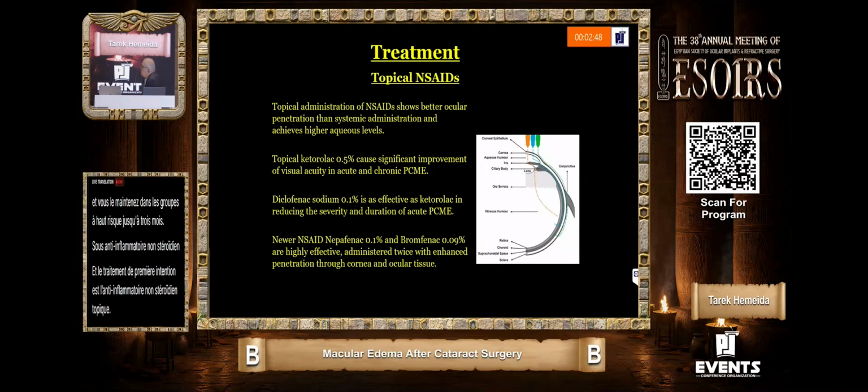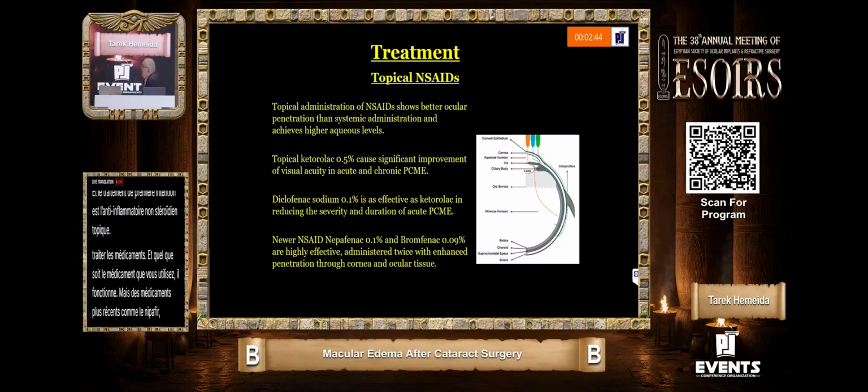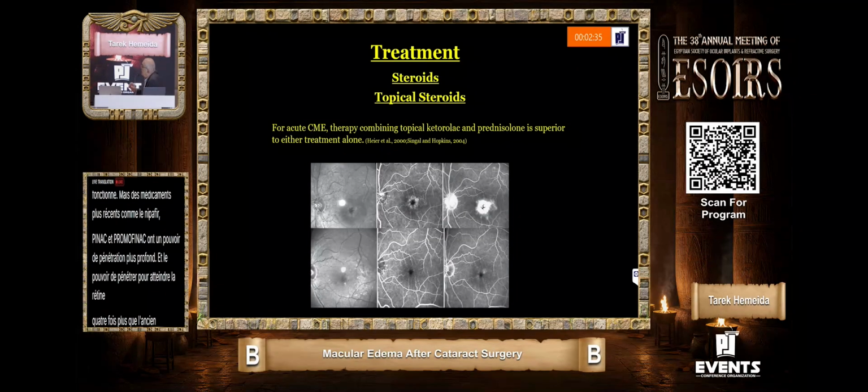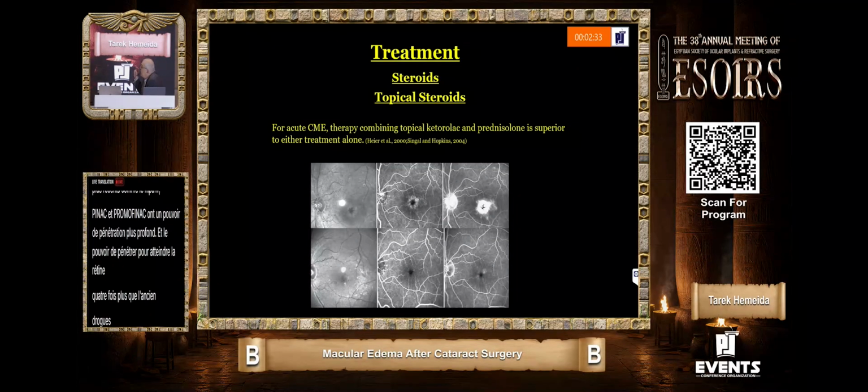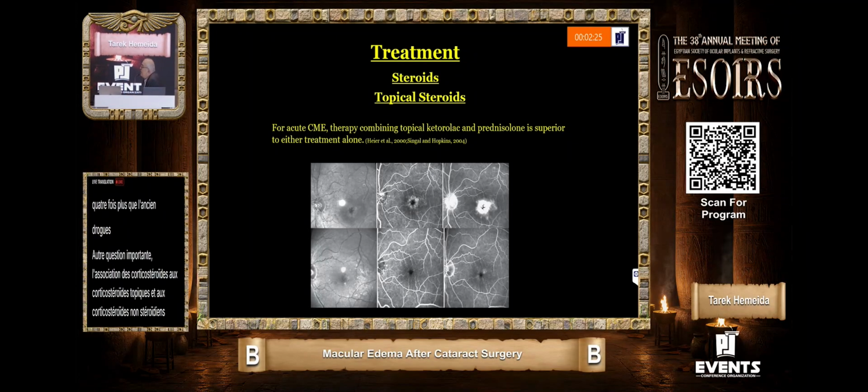Whatever drug you are using, it works. But newer drugs like nepafenac and bromfenac have a deeper penetration power. The power to penetrate and reach the retina is 4-fold that of the older drugs. Another important issue: combining topical corticosteroid with the non-steroidal anti-inflammatory agents carries a better prognosis for such cases.